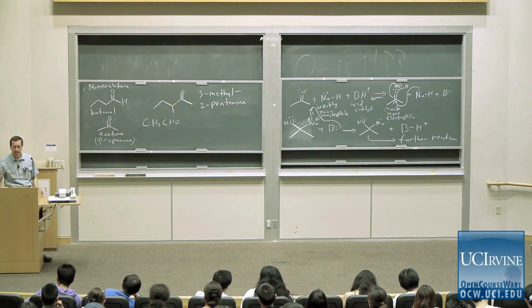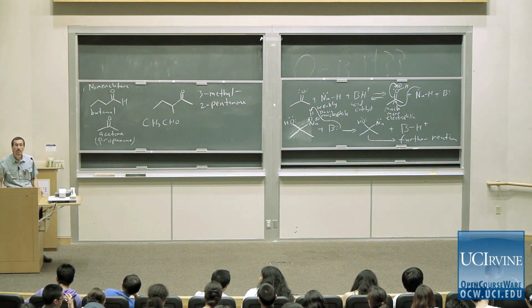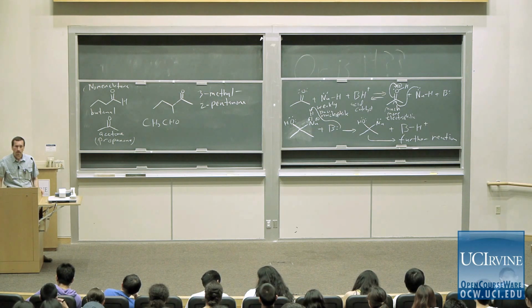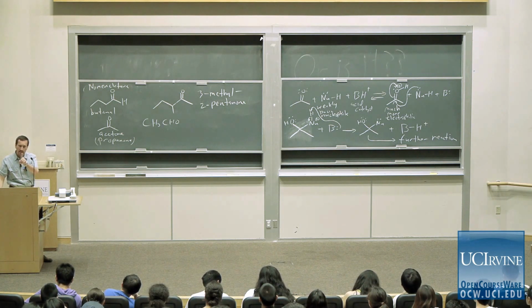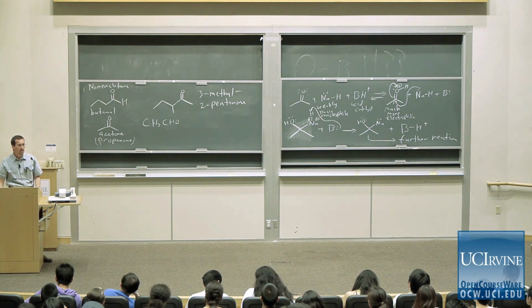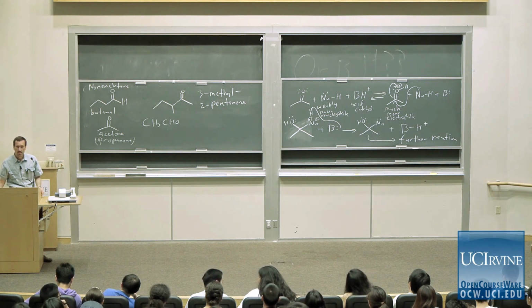This aldehyde here, anyone? Formaldehyde is 1 carbon. And what's the 2-carbon acid? Ethanol is the 2-carbon alcohol.